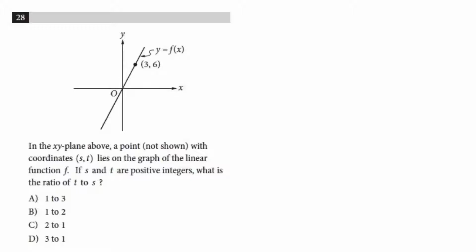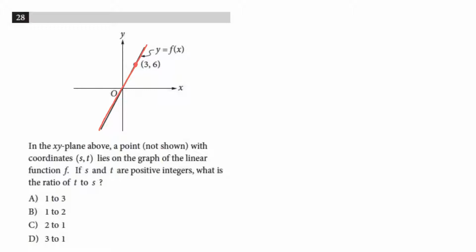All right, well, this is directly proportional because it goes through the origin. We know that the ratio of x to y, or y to x, will be constant anywhere on this line.